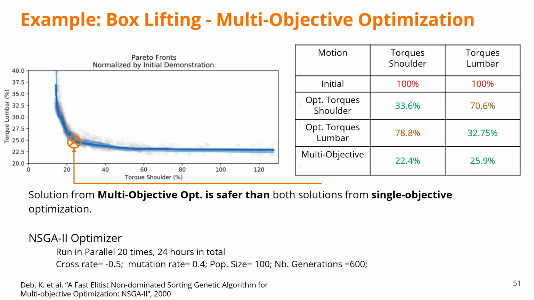We can note here that the selected solution in orange, that we've seen in the slide previously, from the Pareto front, is indeed safer from an ergonomics point of view than the single objective solutions for each one of the scores.